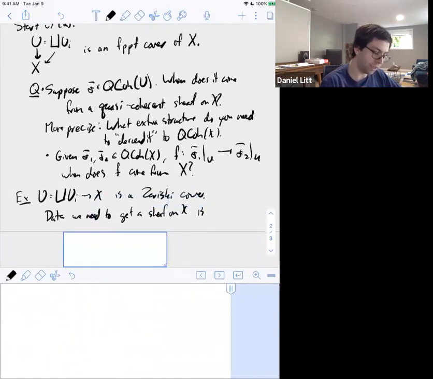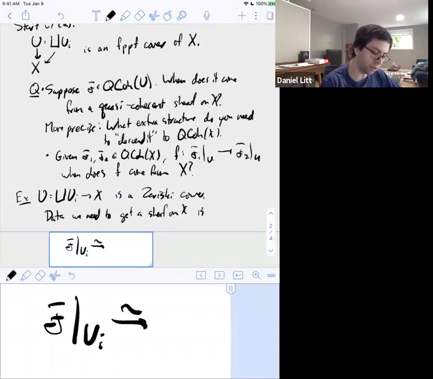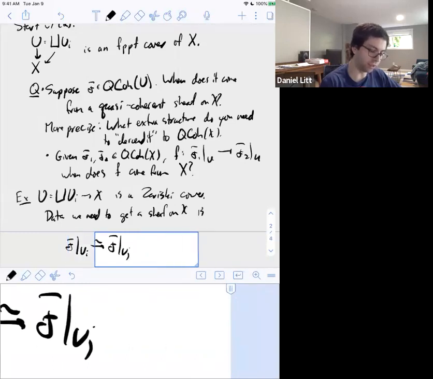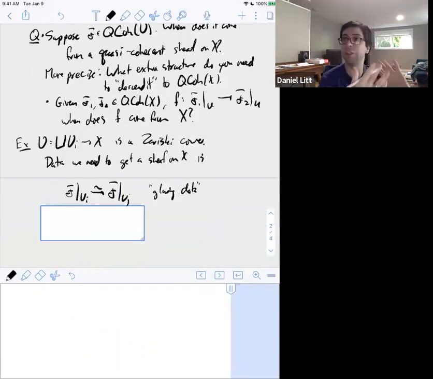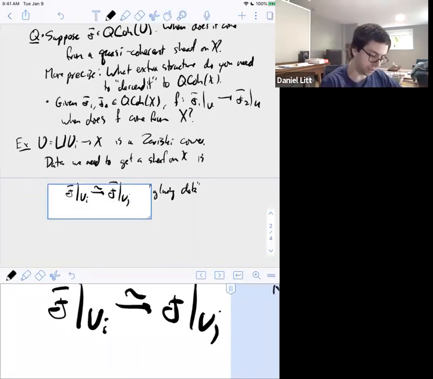Well, we need isomorphisms from F restricted to U_i to F restricted to U_j. These are called gluing data. Then you need a condition on double intersections.